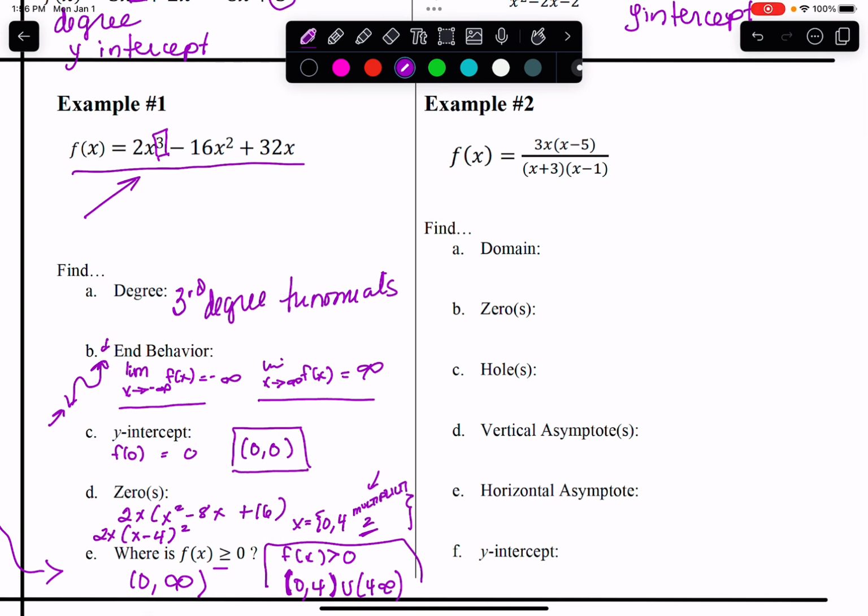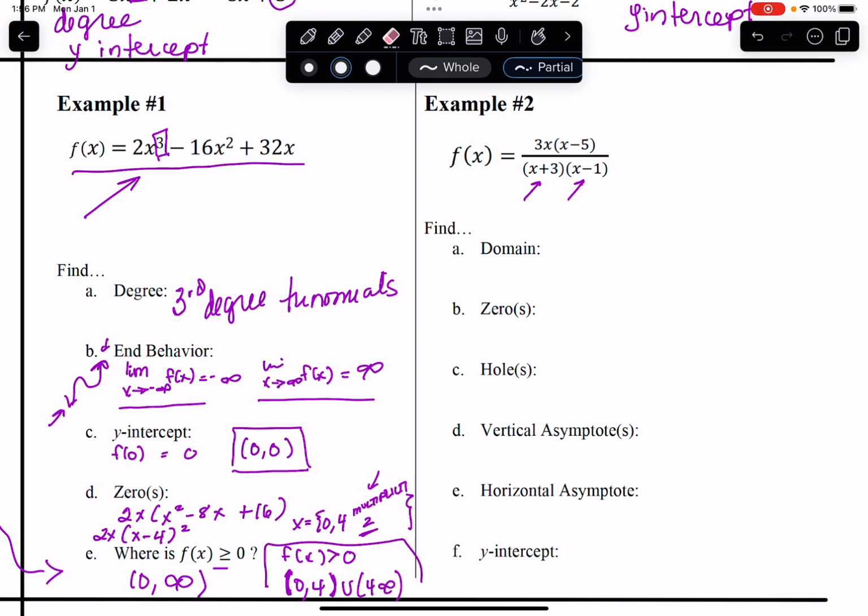So let's see. The first thing we need is the domain. Now, domain is going to be everywhere except where it will have a vertical asymptote. And so we can write it in two forms. I prefer to write these in set notation where it's not equal versus interval notation.